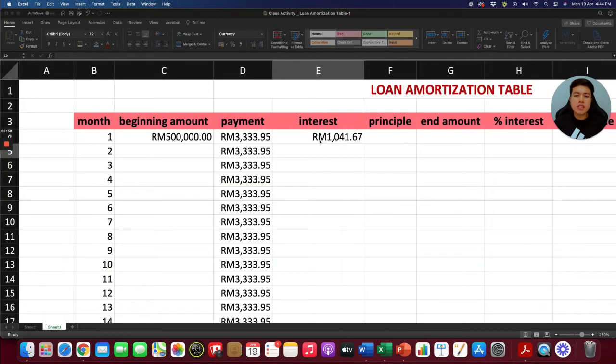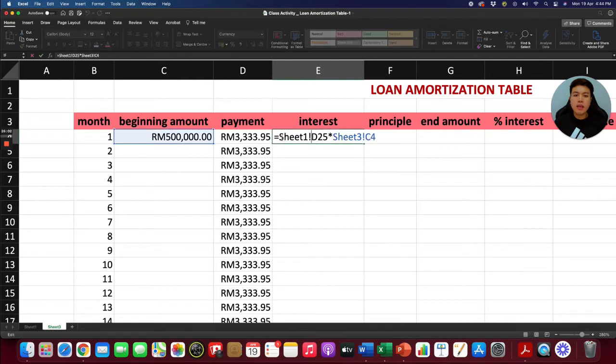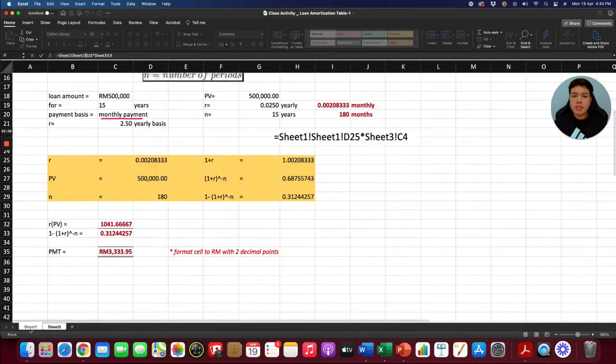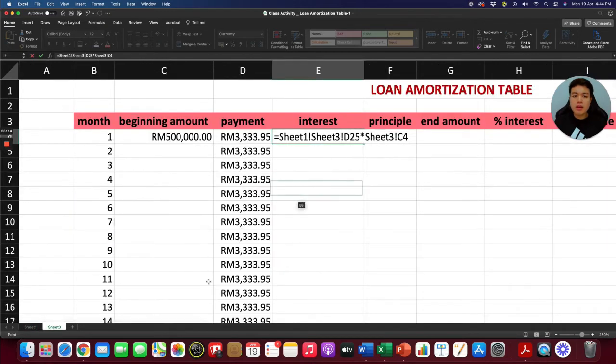So this is your interest amount, 1,081 ringgit. Remember from sheet number 1, column D25, this is your interest rate. Always use this one, and then you times with sheet 3 here, the beginning amount.